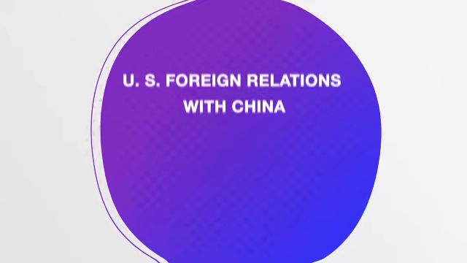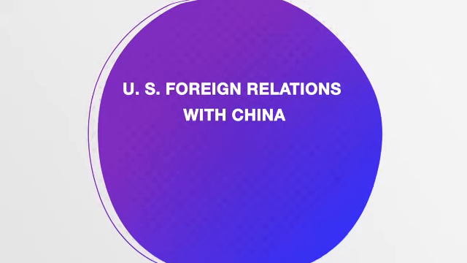Now we take up a title wherein not one country but two countries are involved. Till now we have done only those titles where we had to add the number for one country or one geographical area. Now there are two countries in this title. The title is US Foreign Relations with China.